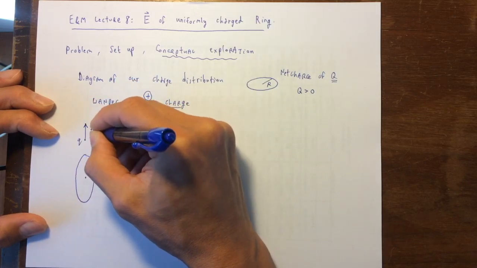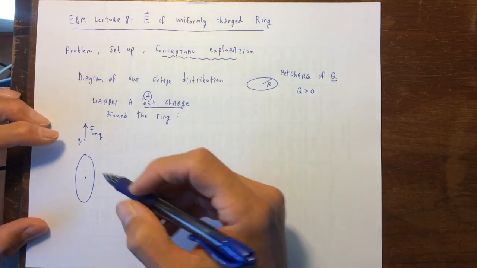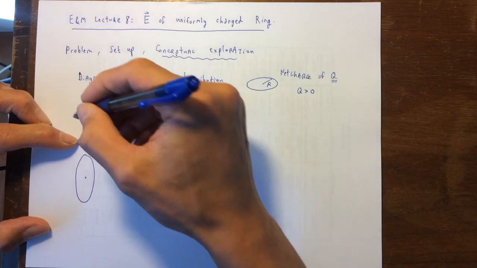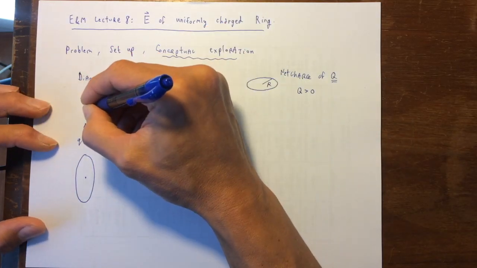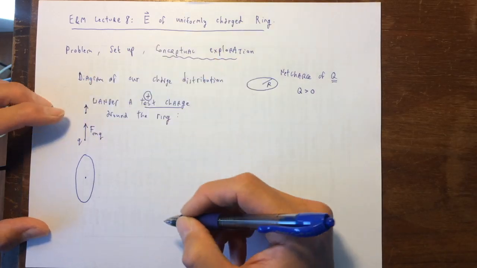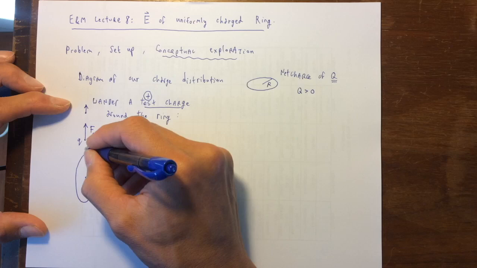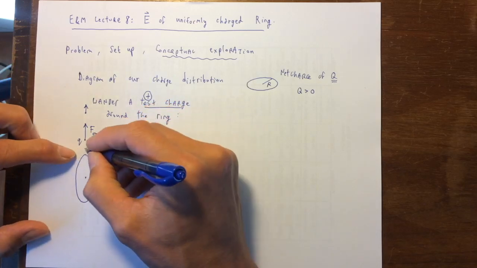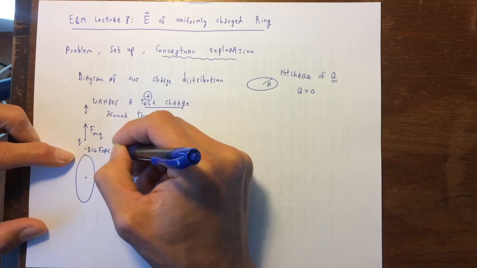This will be the force on the test charge by the ring. If I take this test charge and imagine it further away, I should expect to see that the force on the test charge is smaller. And if I bring the test charge up really close to the ring, I should see big force.